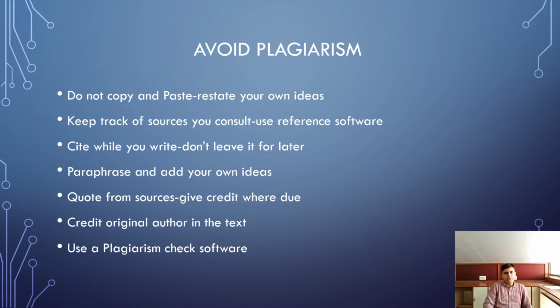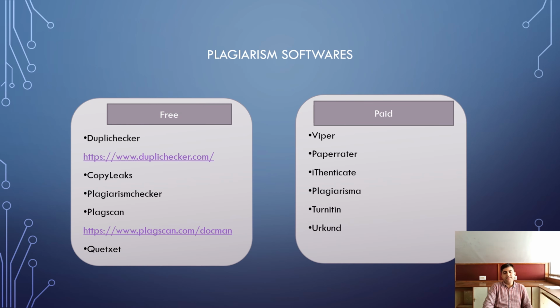Quote from the source, give credit where due, credit the original author in the text, and use the plagiarism check software. And these are the plagiarism software. There are various plagiarism software, some free, some paid. In the free software, you have some options up to 1000 words that you can check.